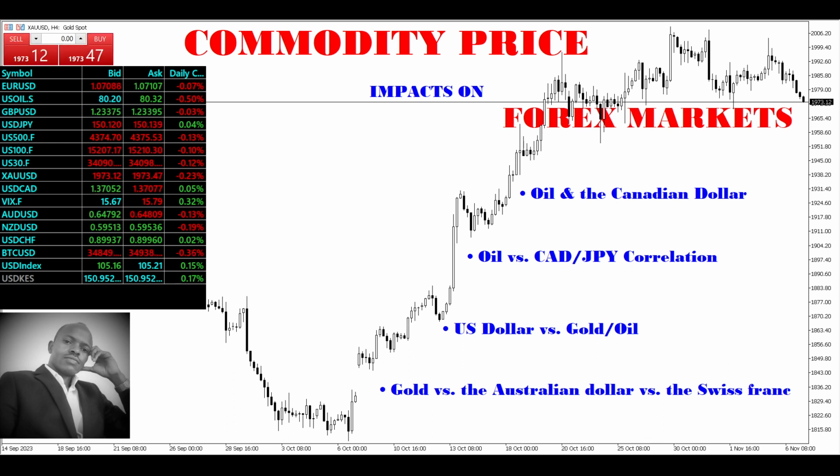If we consider a country's oil trade balance, it will be evident that the Canadian dollar against the Japanese yen is an attractive currency pair for traders to trade.